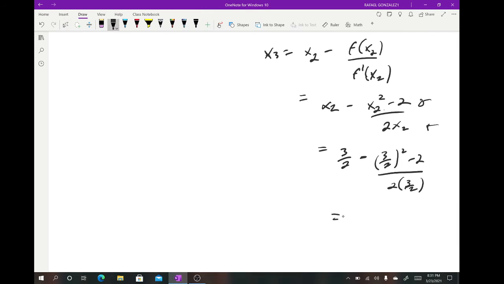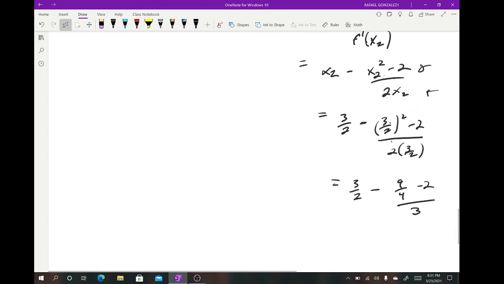Okay, so this is going to be equal to 3 over 2 minus, well, here what we have is 3 squared over 2 squared, which is 9 over 4, minus 2, divided by 3, because the 2's here cancel out. We could combine the numerator first and then divide. I typically prefer to do that. So it's going to be 3 over 2 minus. To combine this numerator up here, we just multiply top and bottom by 4.